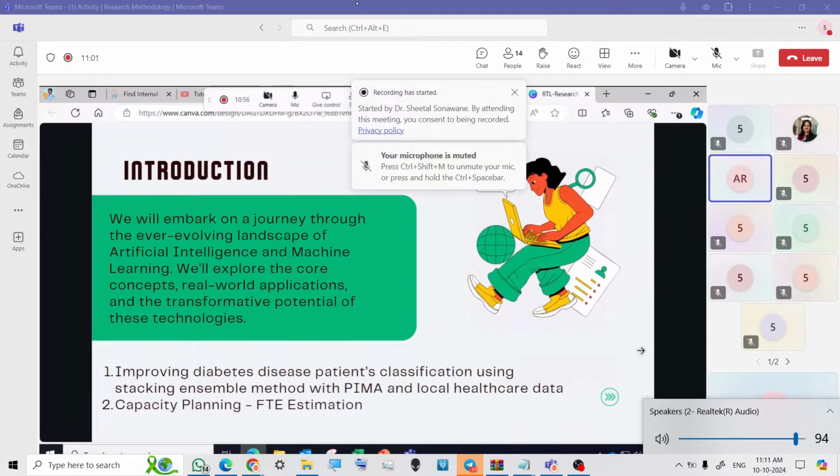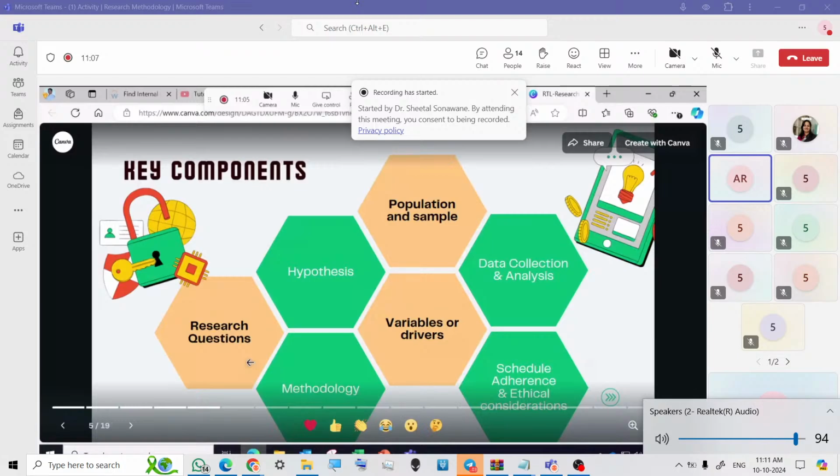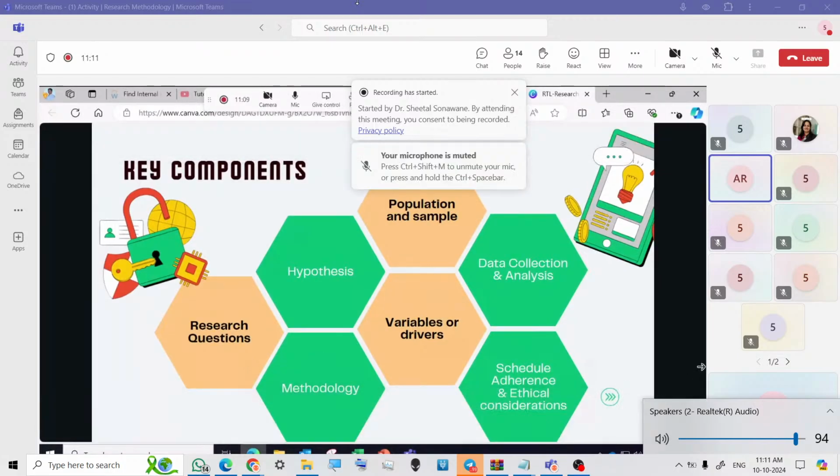So let's get started with the key components which we are going to have over here. In the research design, of course, we would be having the objective of the research and research question over there. Then hypothesis, methodology, and then drivers which are influencing that study or variable.